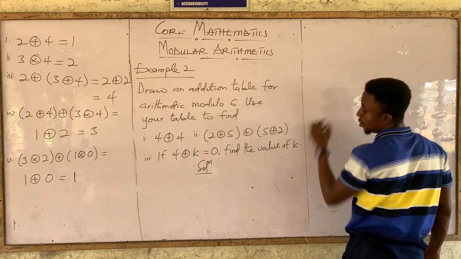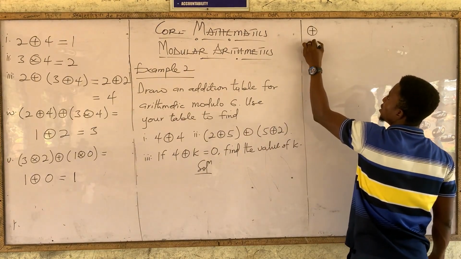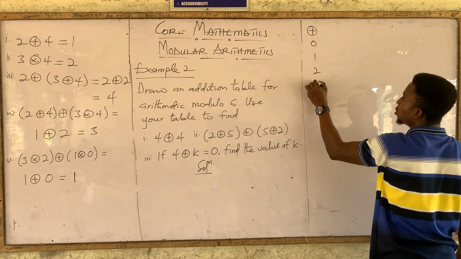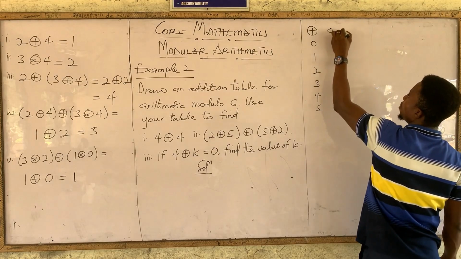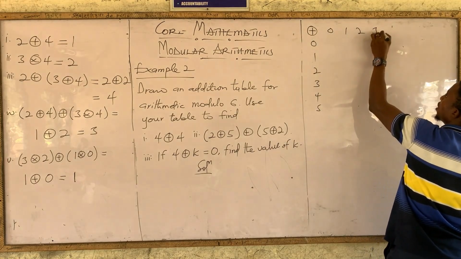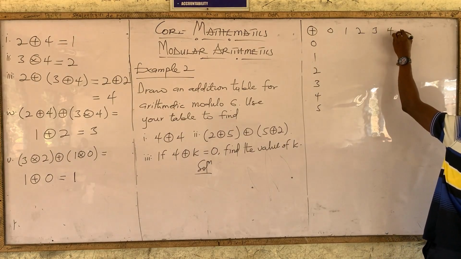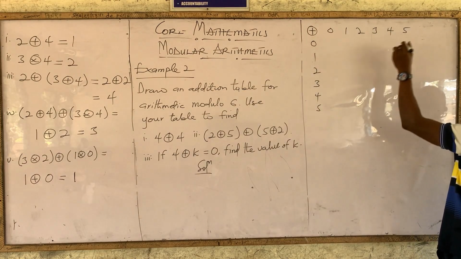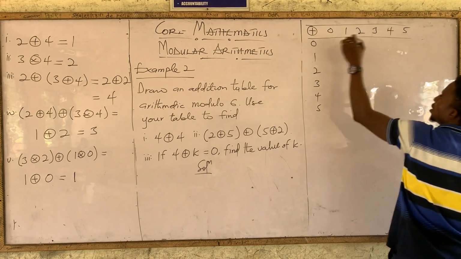So I have my solution there, then my plus here, 0, 1, 2, 3, 4, and my 5. 0, 1, 2, 3, 4, and my 5. So I have it this way. I close it.